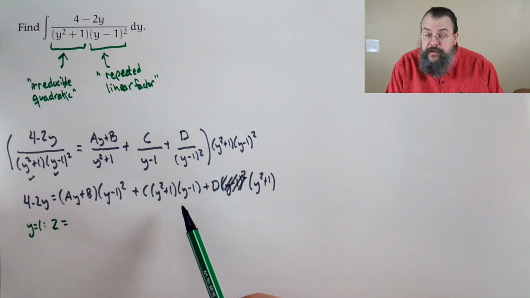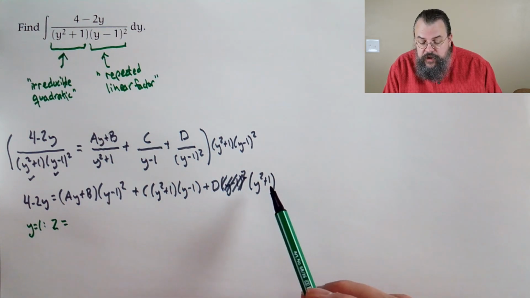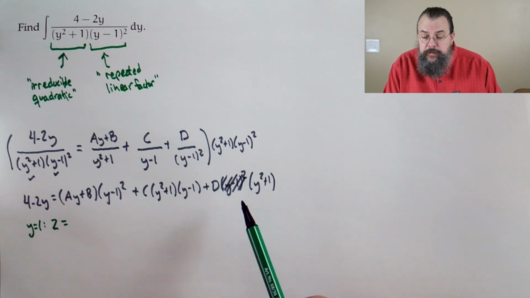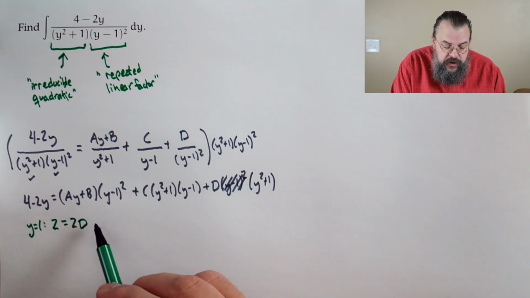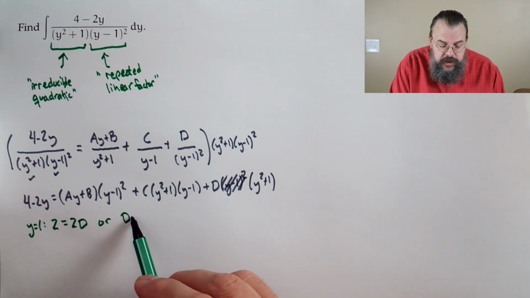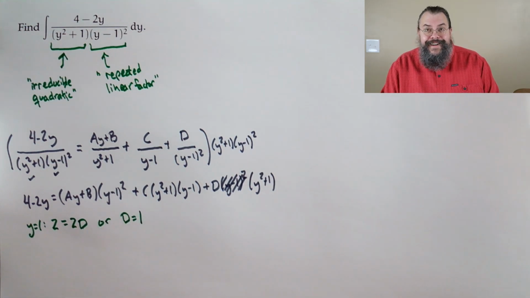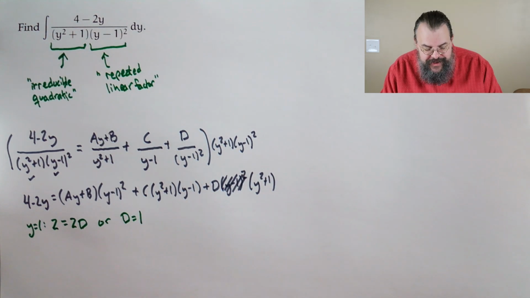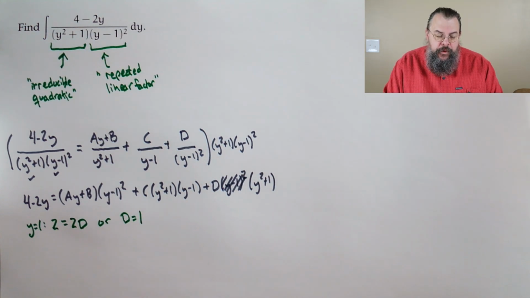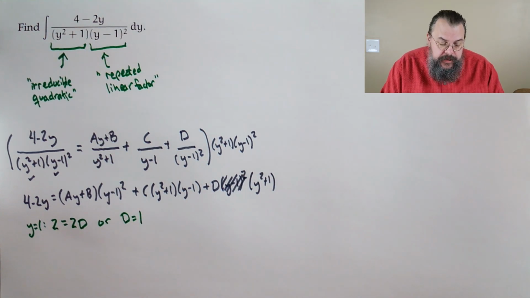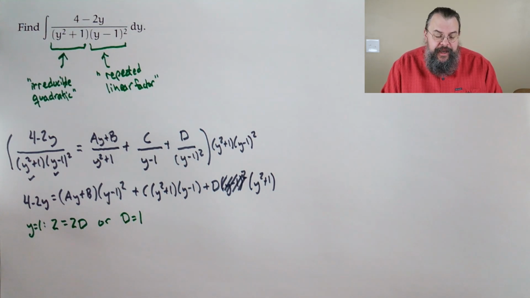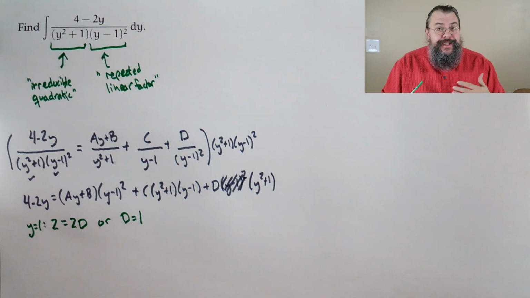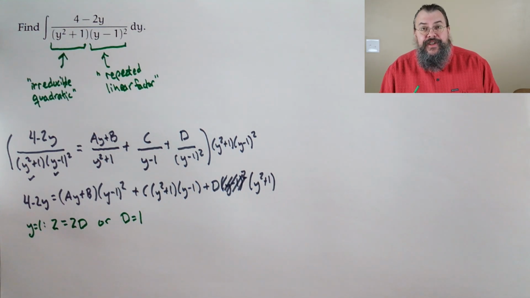The second term will go away because of the y minus 1. The last term, it'll be D times 2. So 2 equals 2 times D, or D equals 1. Ha! Progress. Great. Well, unfortunately, that's about as much progress as we can pick. Any other thing we choose, we're not going to get enough cancellation.